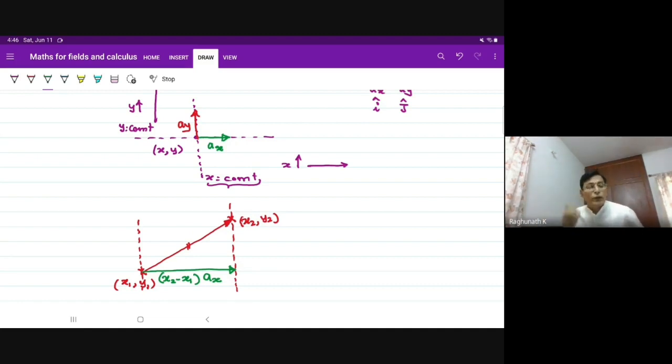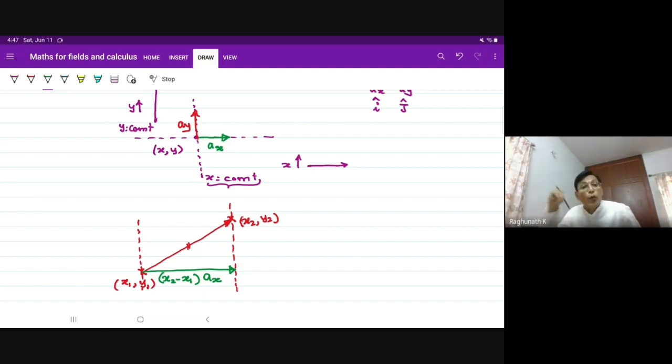If x1 is 1 and x2 is 5, I know that in x it is going from 1 to 5, which means it is going in the positive x direction. Ax is also in the positive x direction. It will definitely be 4 units. 1 to 5 is 4 ax.